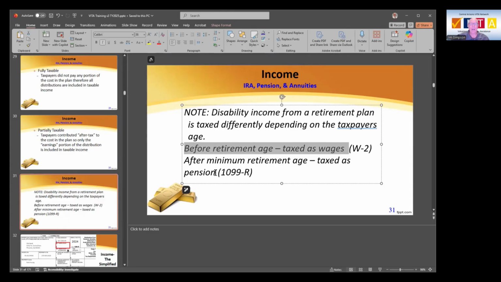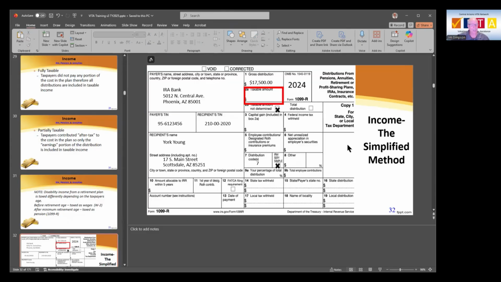I have to take you back to our first discussion on income, where I described those two buckets about earned income and unearned income. So if that's before retirement age, this would be earned income. And especially if they've gone on disability, they may not be getting a lot of money. They might be entitled to an earned income tax credit. So that's kind of why that's important.